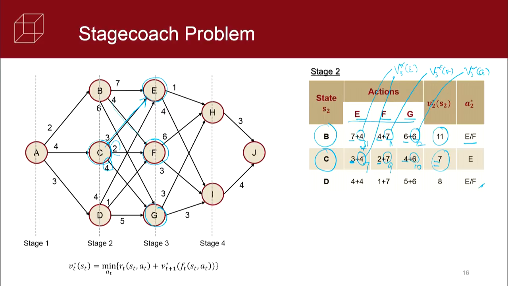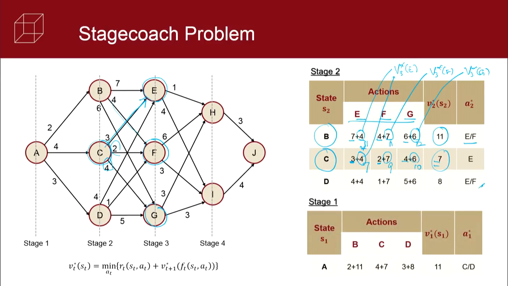And then finally, state A. Suppose that in stage 1, that is what we are interested in for the original problem, you'd like to find out the length of the shortest path from A to J, right?